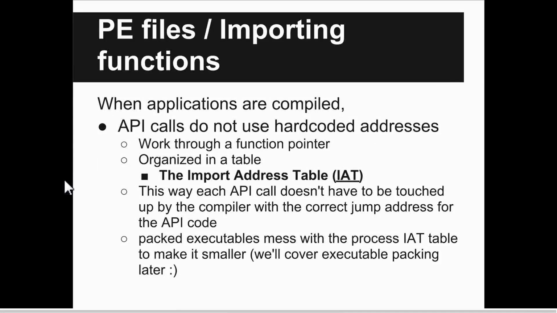So when applications are compiled, the API calls do not use hard-coded addresses. These DLLs, these dynamically linked libraries, when the application is run, they're linked in when it's running into memory.